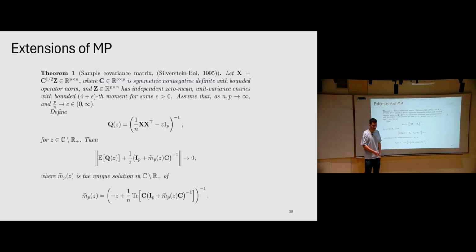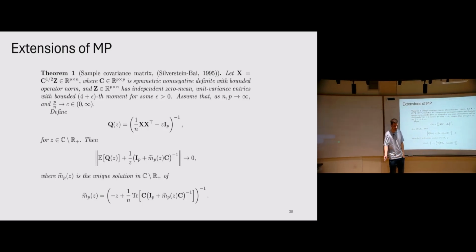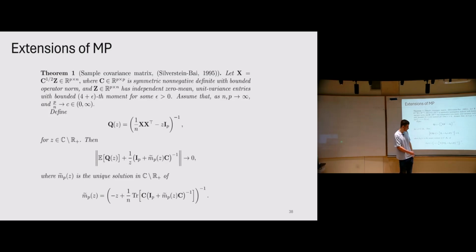We need to use a theorem developed in a very recent paper for our analysis, so it's very non-trivial. Also, here MP tilde is some scalar which solves this equation. Once again, very non-trivial, but it can be solved numerically.